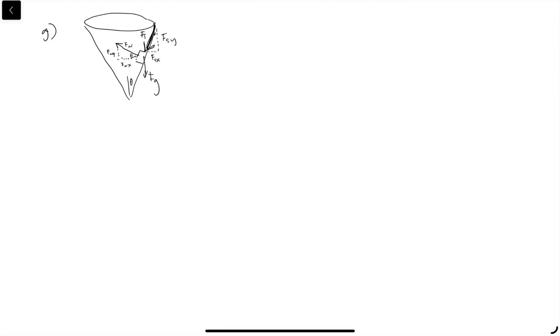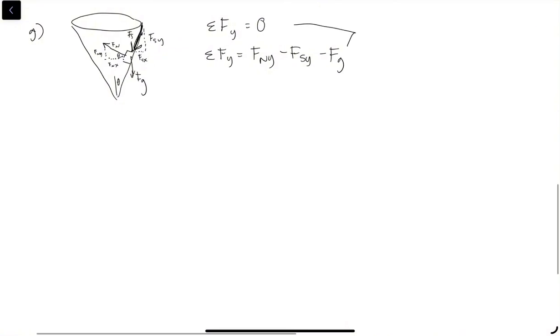So what we're going to do first is solve for Fn. So the net force in the y direction is equal to 0. And we can also expand it to Fny, which is facing upward, and then minus Fsy, because it's facing downward, and then minus Fg. And then we can set these as equal to each other.